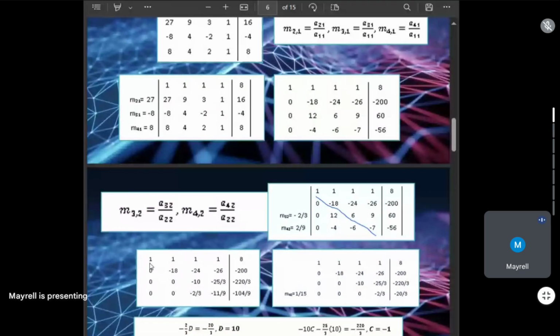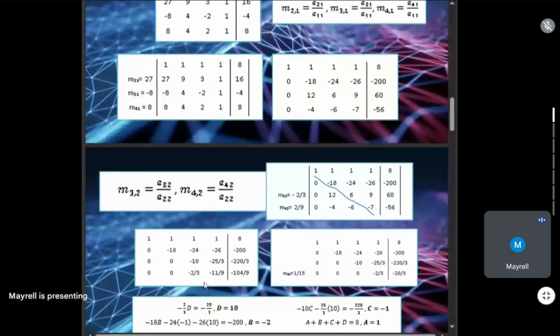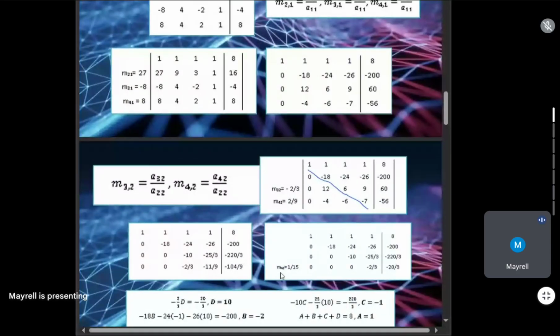So kani, we need to have our M na pod for the last row. So last row na ta. So if we have here M43.